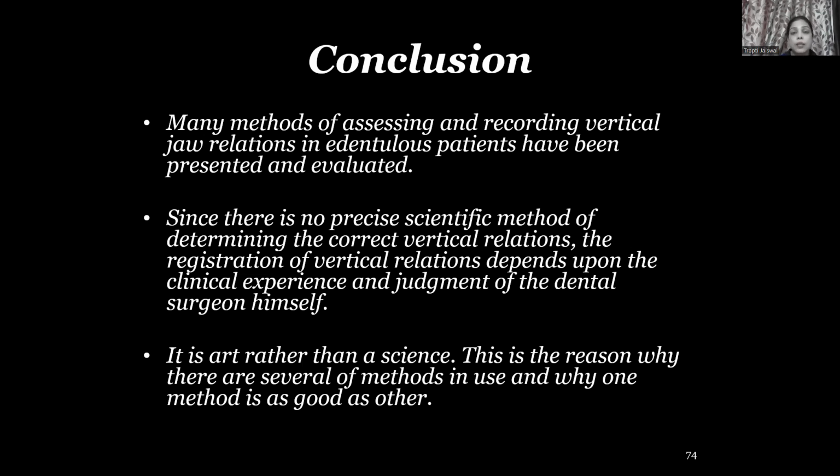It can also cause blockage of the eustachian tubes, sagging appearance, angular cheilitis, and cheek biting. All these effects can occur when there is decreased vertical dimension. So this was our vertical jaw relation.